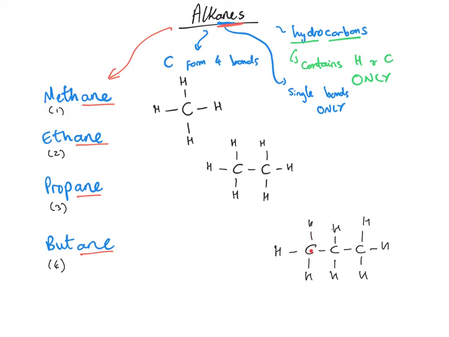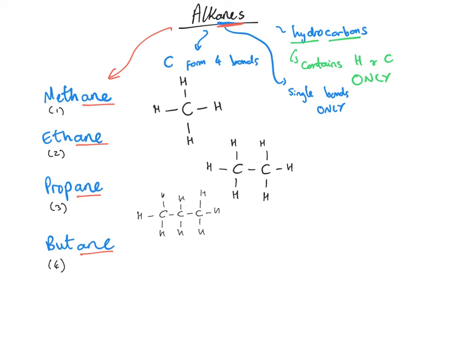This carbon has 4 bonds, this carbon has 4 bonds, this carbon has 4 bonds, fab. Finally, butane, 4 carbons, 1, 2, 3, 4, each with 4 bonds. It's an alkane, so it's hydrogens and carbons only with single bonds, and there's your answer.